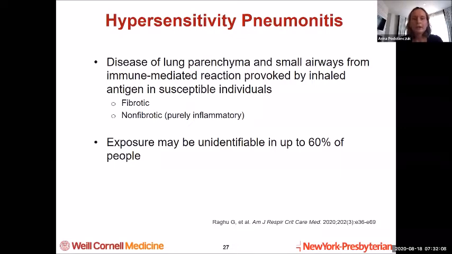And even though we think that the disease is caused by an exposure to an inhaled antigen, in many patients, we actually can't identify that exposure. In up to 50 to 60% of patients, we may not be able to identify that exposure. So they might have a very typical picture of hypersensitivity pneumonitis on a CAT scan or on a biopsy, and despite taking a very comprehensive history, we just can't find the antigen that they were exposed to.